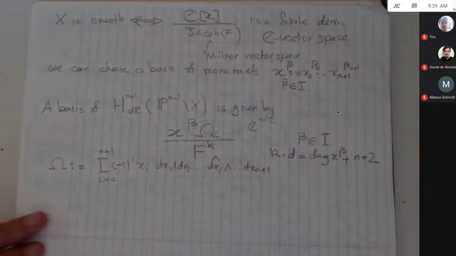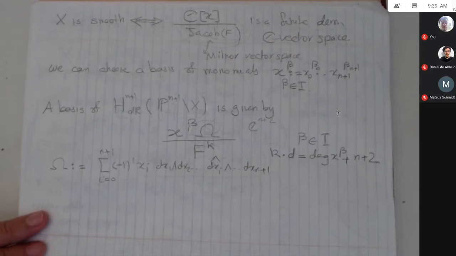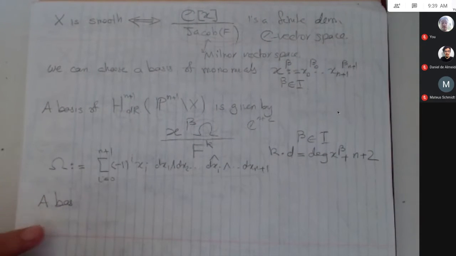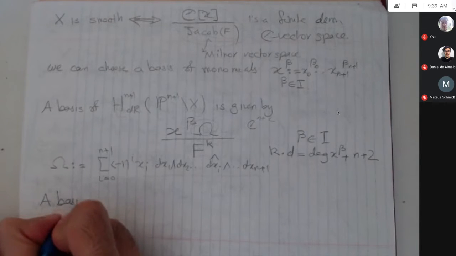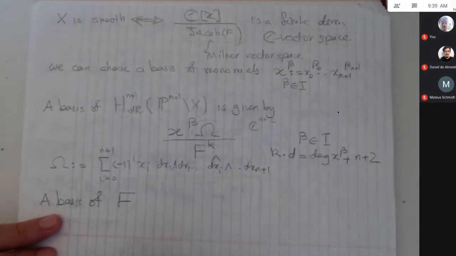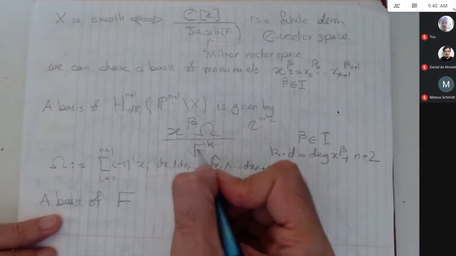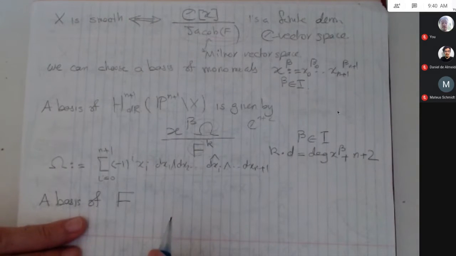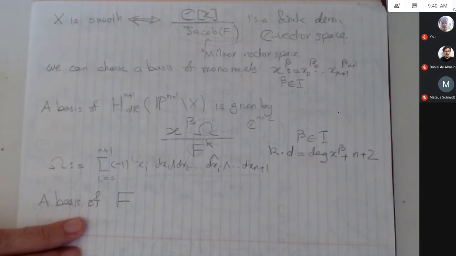So Griffiths also tells us that the basis is given in this way. And what else? And then a basis of F. Oh, sorry. Now we have this F, capital F for the polynomial, and the F for the pieces of the Hodge filtration. So don't confuse these two. Okay.